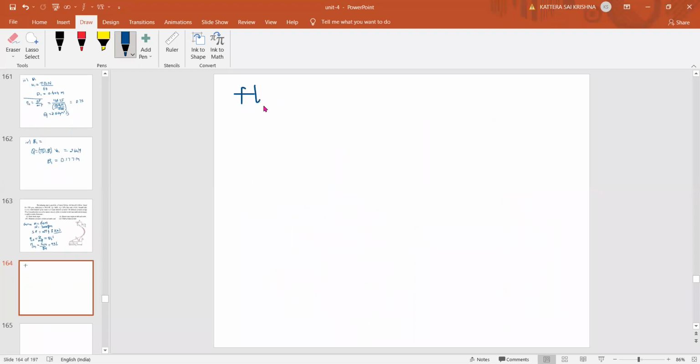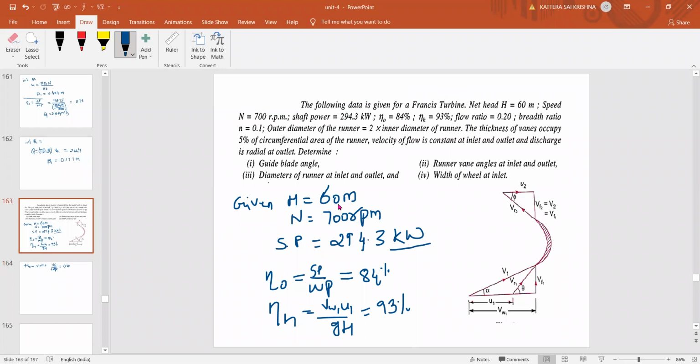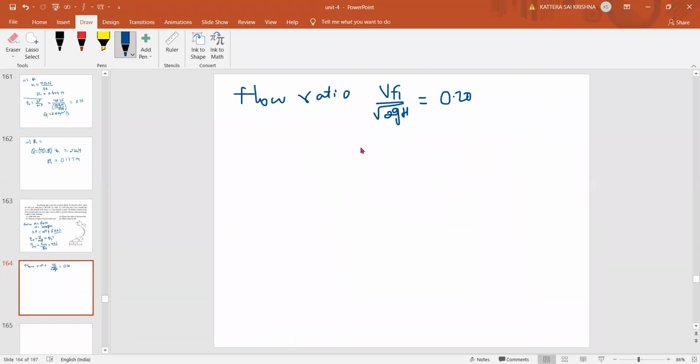So flow ratio, that is Vf1 by root 2gH, equal to 0.20. This is given to us. So from this, what can we find? We can find Vf1 because H value is given already, 60 meter. So please find out that Vf1 equal to 0.2 into under root of 2gH.